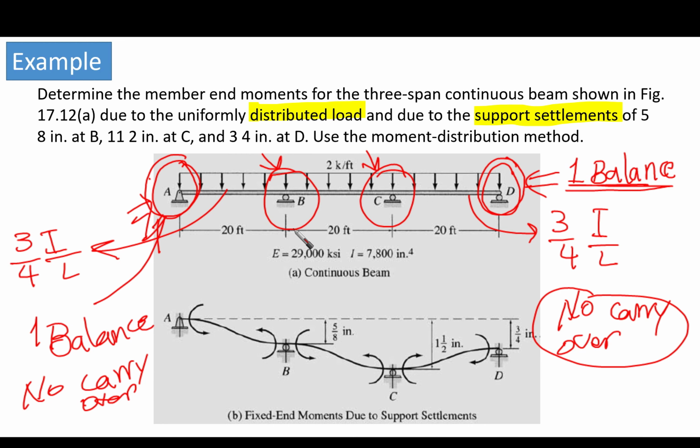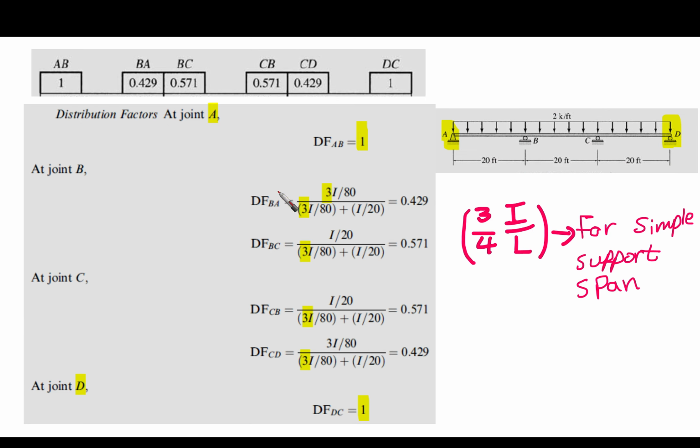Okay, now let's go. And the first step, as usual, is the distribution factors. First of all, we want the distribution factors at point B and point C, which we are going to calculate in detail. But for point A and point D, the distribution factor is going to be given directly, which is 1.